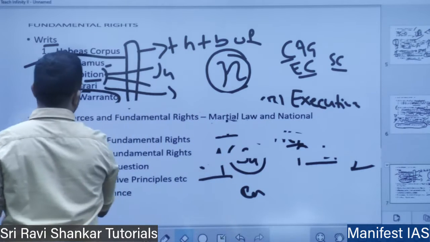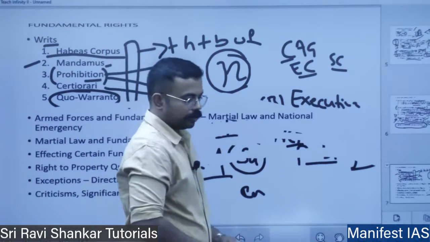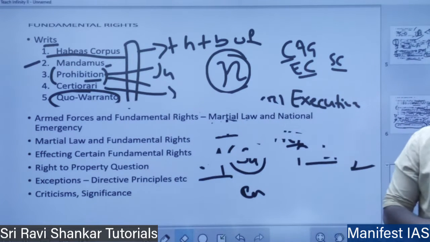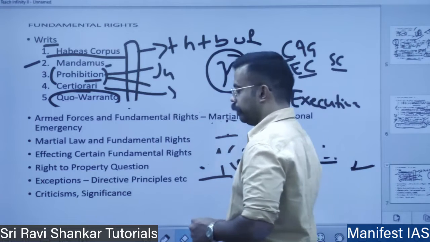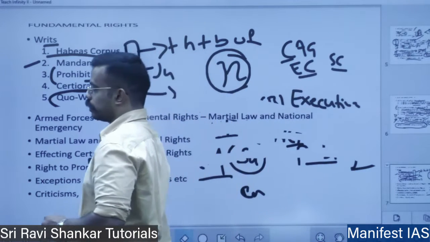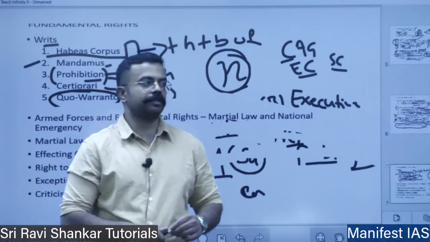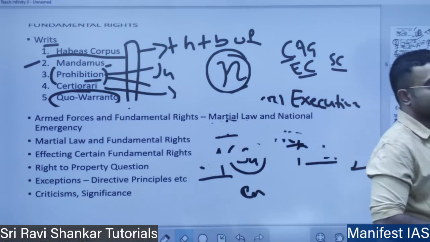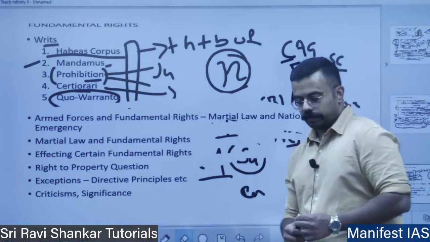Okay, armed forces and fundamental rights. What are the armed forces in India? So we have Indian Army, Navy, Air Force, CISF, CRPF, BSF, ITBP, and so many military and paramilitary forces.